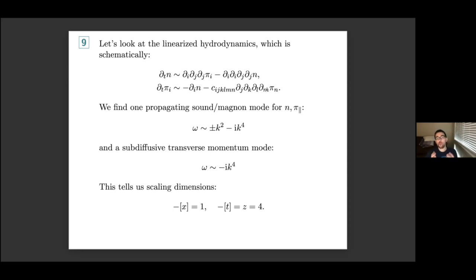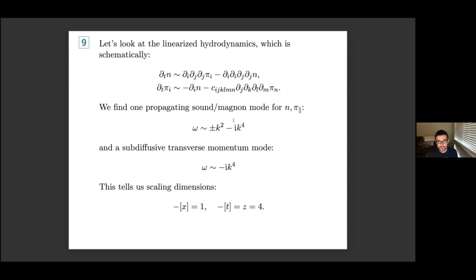So what are the hydrodynamic modes in this theory? We can just turn the crank at this point. Longitudinal momentum as well as density, just like in an ordinary fluid, combine to form a sound-like mode. But in this case, the sound mode has a quadratic dispersion relation, so plus or minus k squared schematically, rather than plus or minus k in an ordinary fluid. And then we can subtract off i times k to the 4.